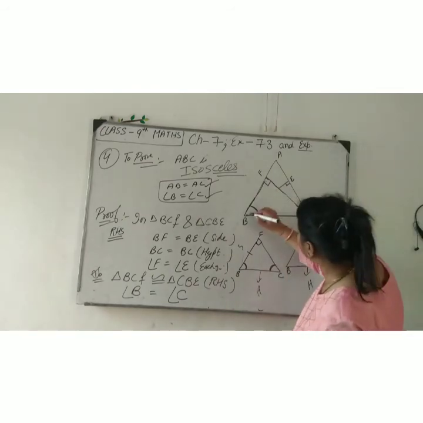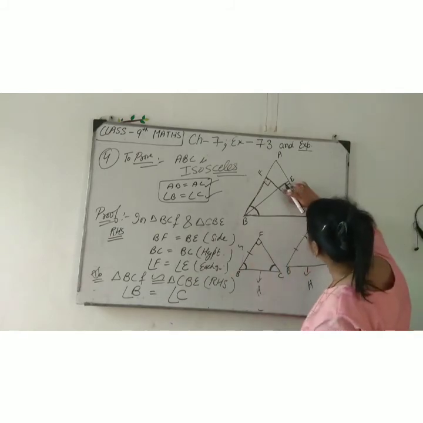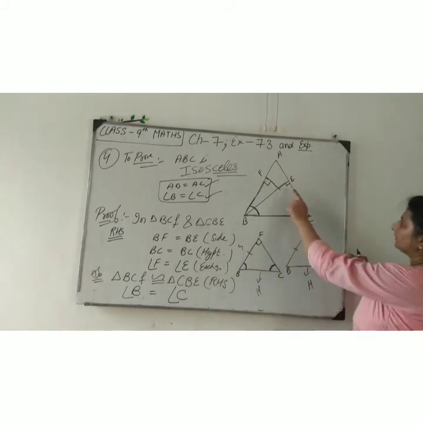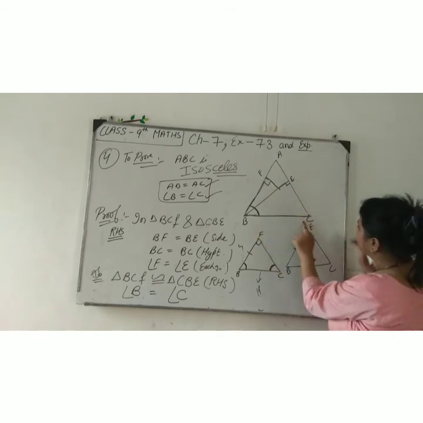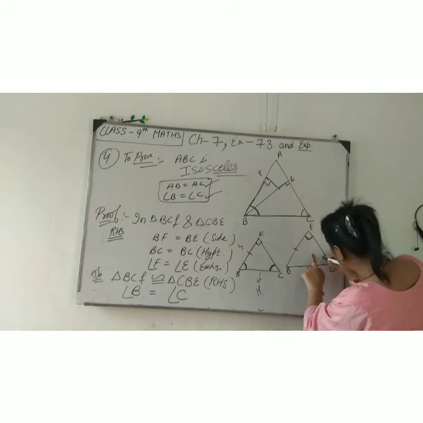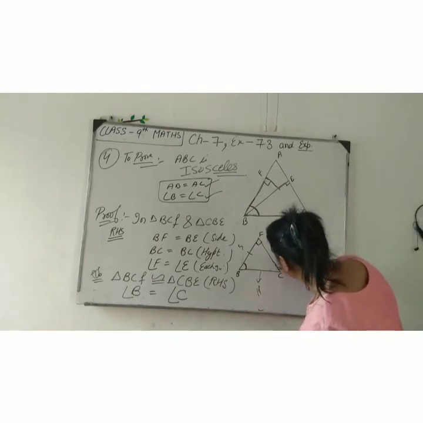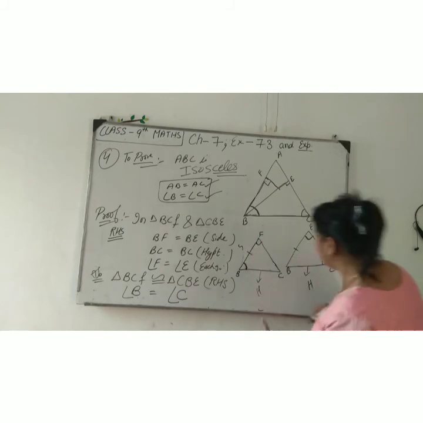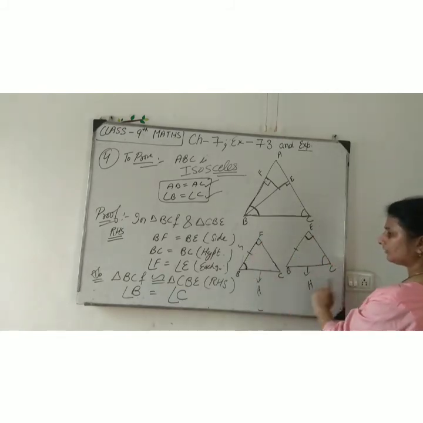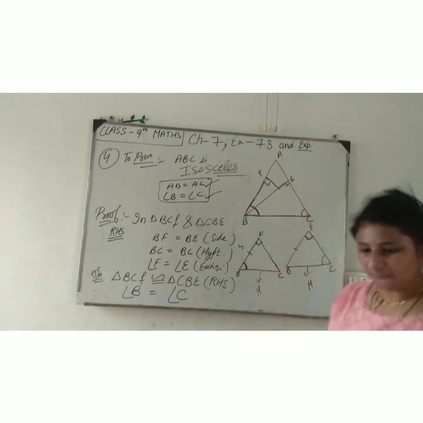Clear? After that, I am taking CBE, the complete angle in the figure here. This one is also complete. It means corresponding angles are equal. So angle B equal to angle C.